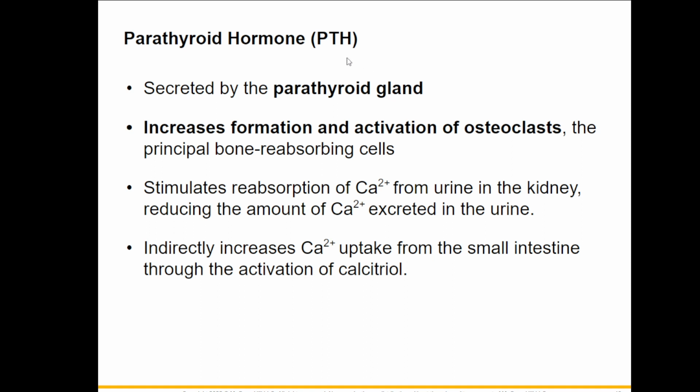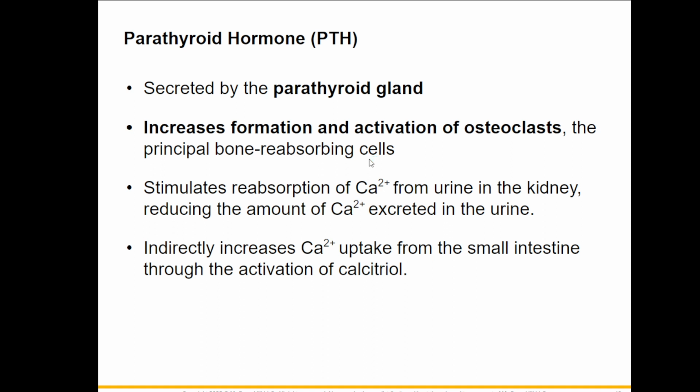So what the PTH does, once the parathyroid gland produces the PTH, is that it increases the formation and activation of osteoclasts. So PTH increases the number of your osteoclasts. And we know that osteoclasts are the bone resorbing cells or the bone destructing cells.